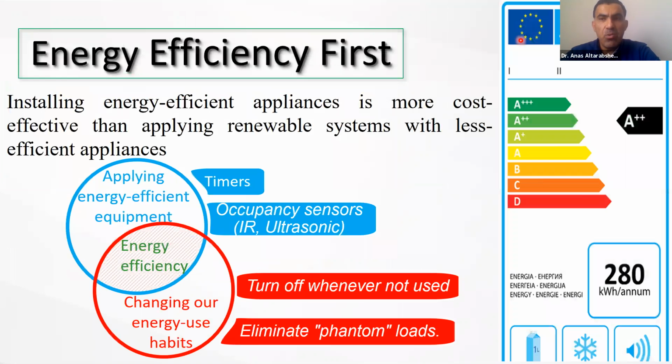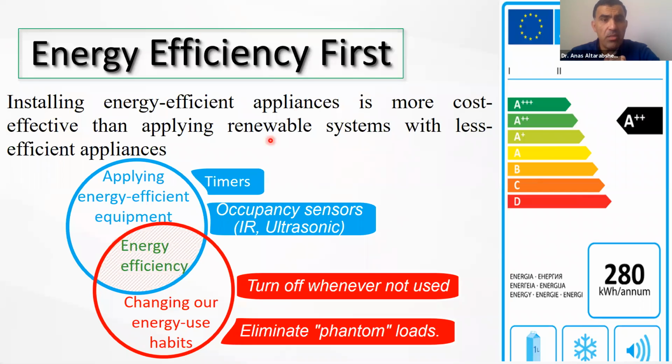Okay. Now, this is a very good point here. Before we install our renewable energy system with less efficient appliances, we have to install energy efficient appliances. So we have to think about the energy efficiency.